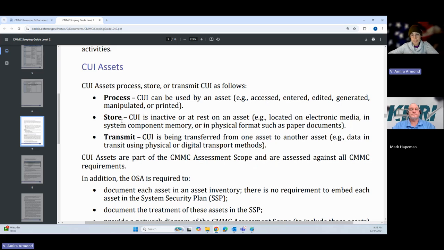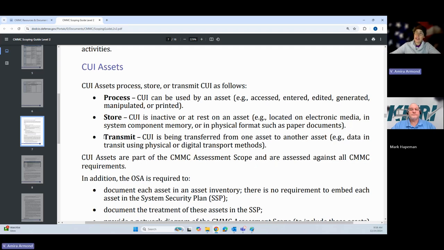But with humans, because humans are assets in CMMC, it's pretty hard for a human to store CUI. I can think of some situations, but they're not common in business. Generally not for humans.